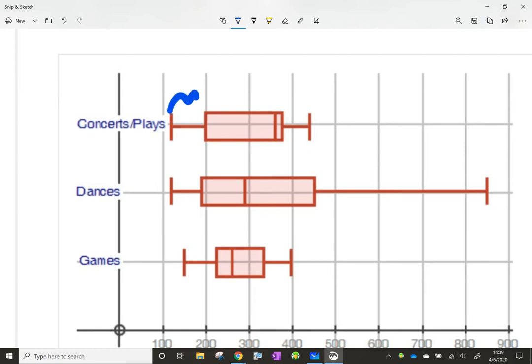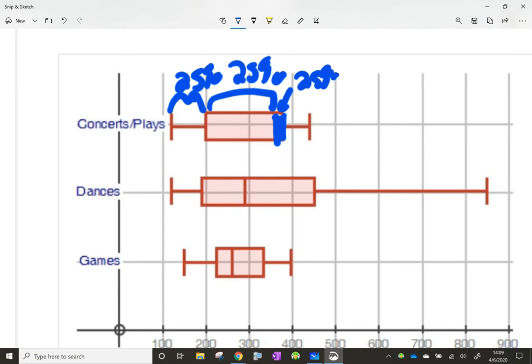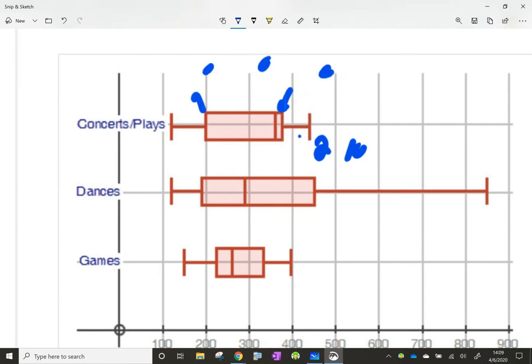Right here, still 25%. Right here is still 25%. This very small margin here is still 25%. And the last part here is still 25%. So everything there is still broken into 4.